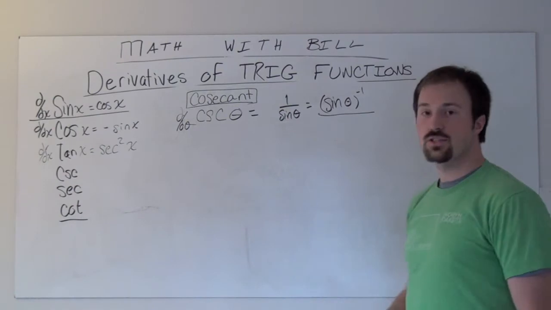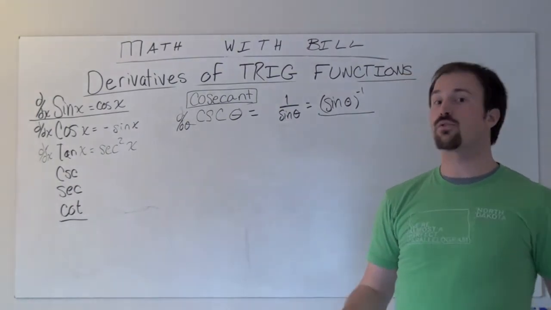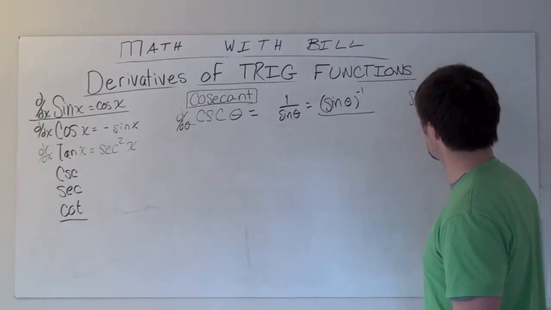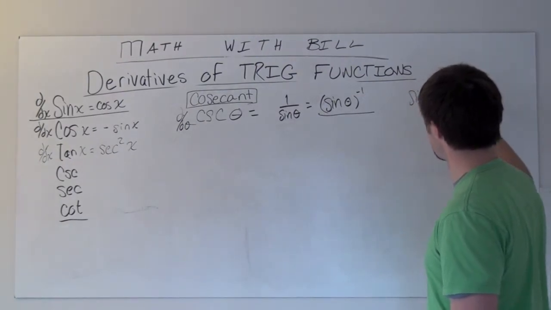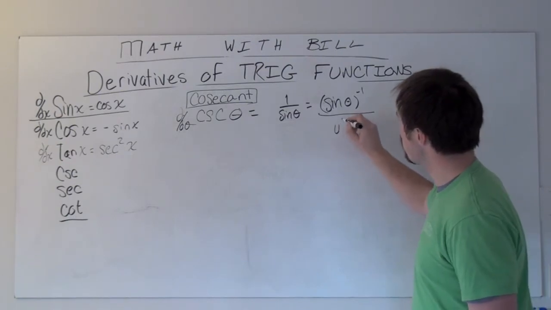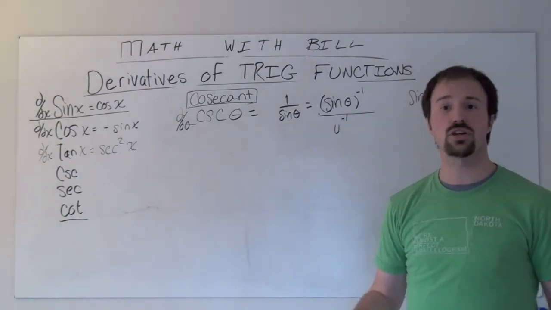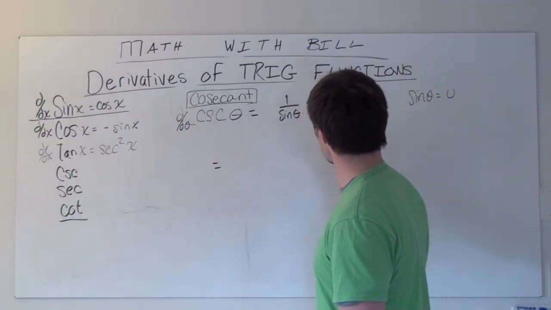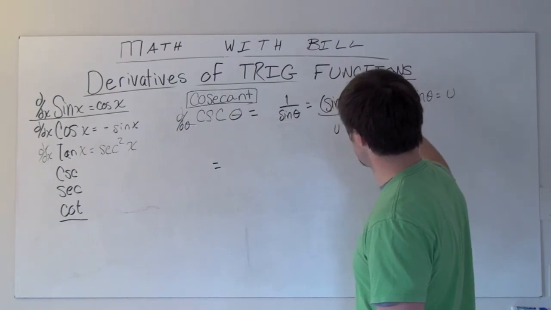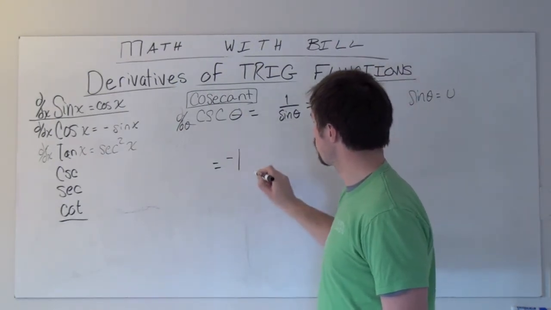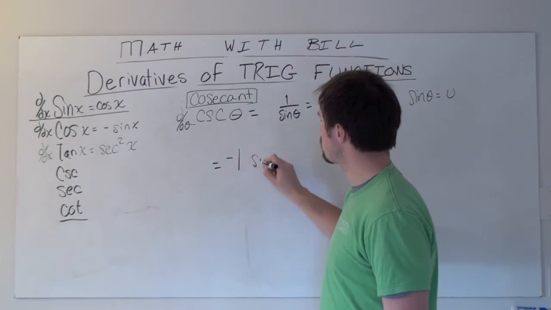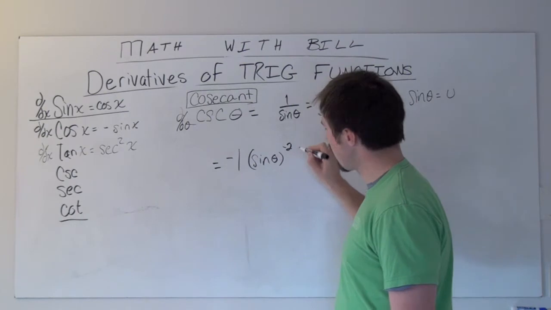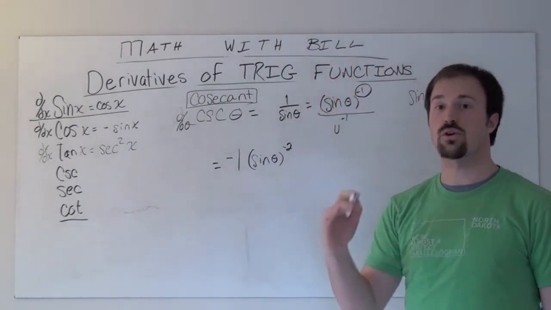When we see something like this, what we have is a general power rule. If we let sine theta equal u, then we have u to the -1 power. So we're just going to apply the general power rule, and it goes like this. We take the outside power of -1 and bring it out front, so it's -1 times sine theta, now to the -2, because we're always decreasing the power by 1.